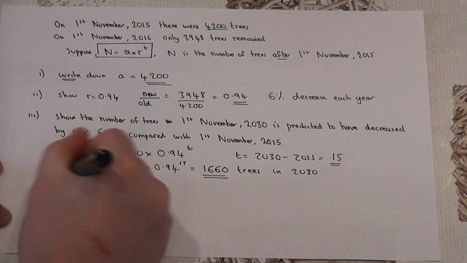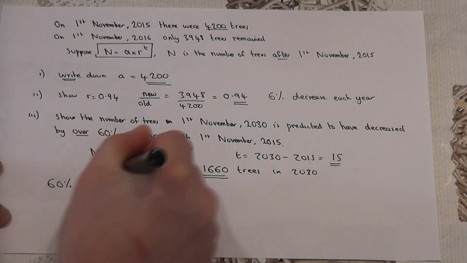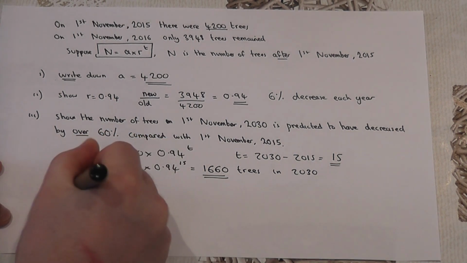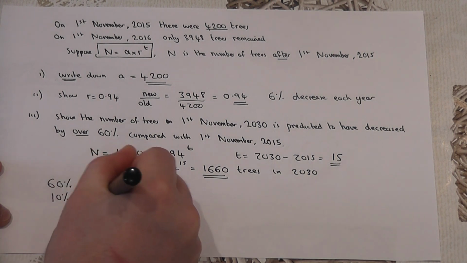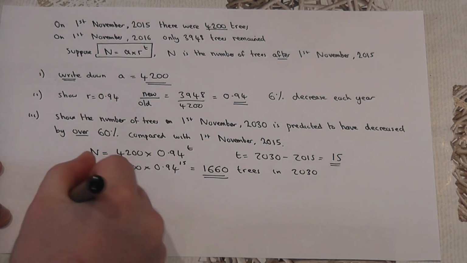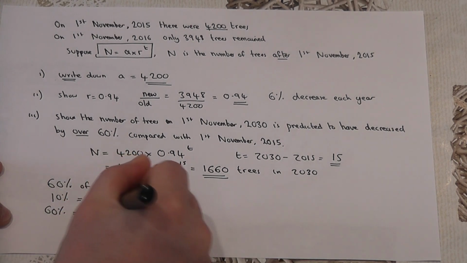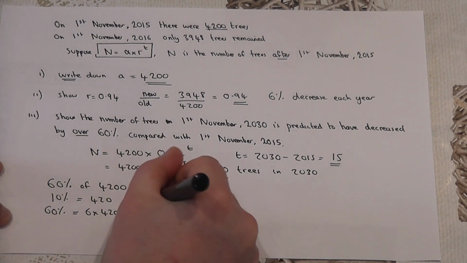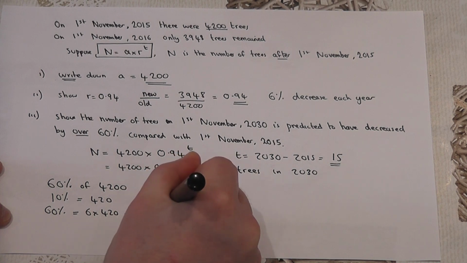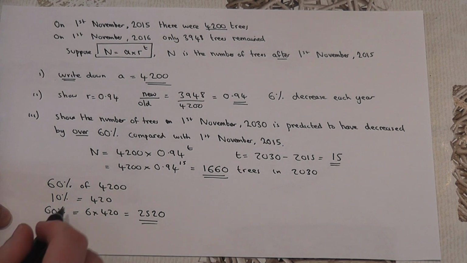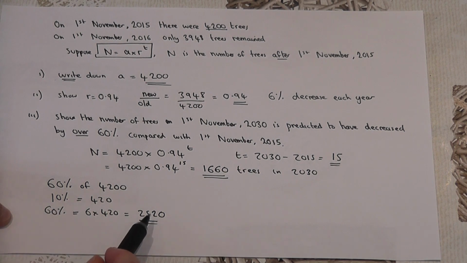So 60% of the original value, well, 10% is 420, so 60% is 6 lots of 420, which is 2,520.